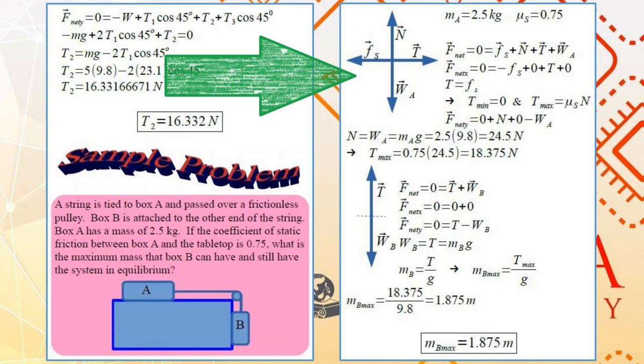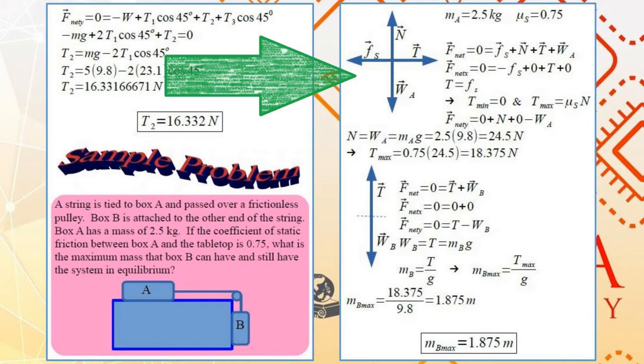They do not have y components. Only the normal force and the weight A have y components. Our y component equation tells us that the magnitude of the normal force is just equal to the magnitude of weight A, and we know magnitude of weight A is just MAG, which gives us 24.5 newtons.